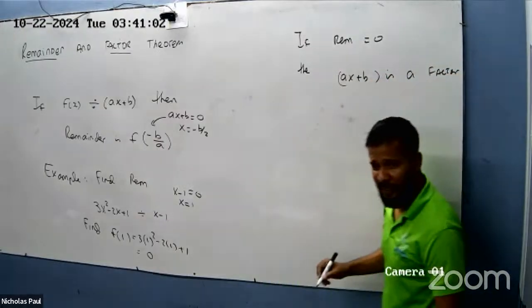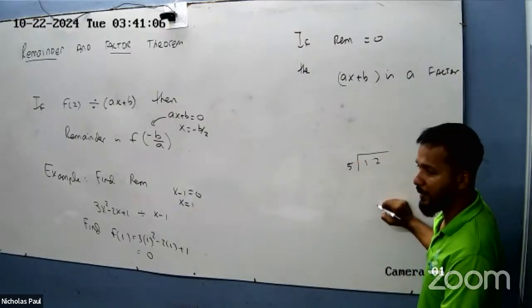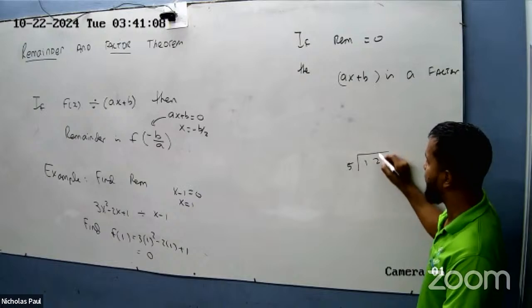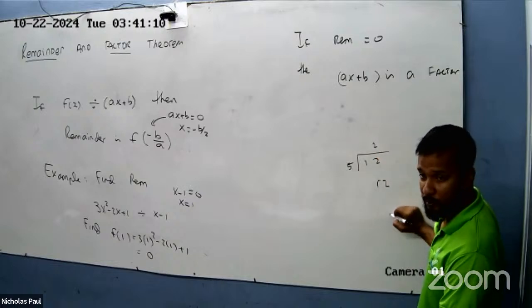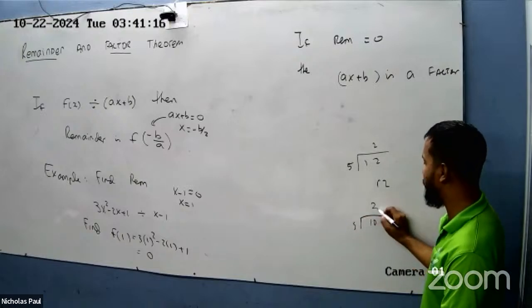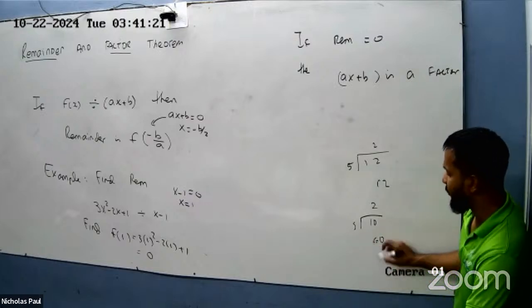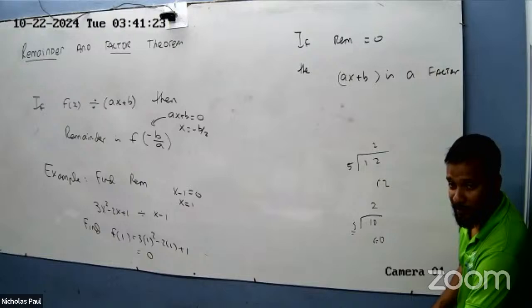And it basically comes from this. If I divide 5 into 12, what would I get? 2, remainder 2. Remember that? And if I had 5 into 10, that is 2 remainder 0. So if the remainder is 0, then 5 is a factor. Correct?